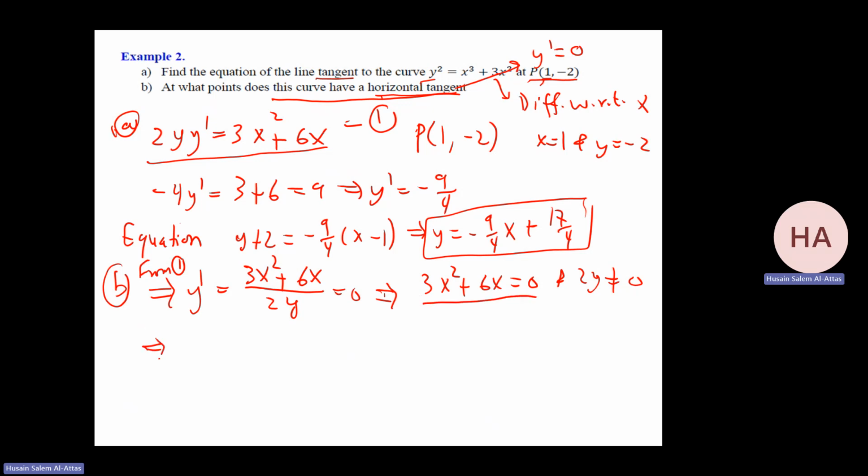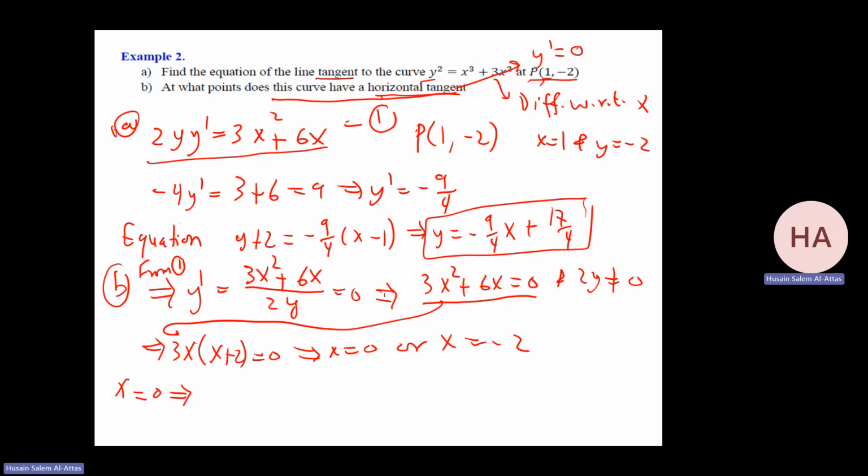So I have 3x as a common factor. I'm solving this to find x, an easy equation. 3x times x plus 2 equals 0. So I have x equals 0 or x equals minus 2. If x equals 0, what do I have?